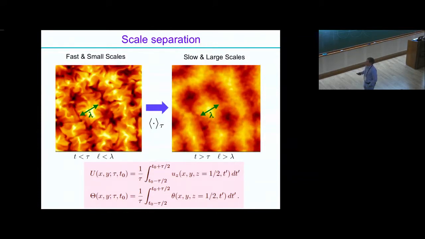We're basically trying to smear out all the information across a scale lambda that we have to define later, and we are doing an averaging over a time scale tau. So we are basically trying to separate the fast, small scale dynamics from the slow, large scale dynamics in the system. And we will do this in the following by applying this kind of coarse graining with respect to time.